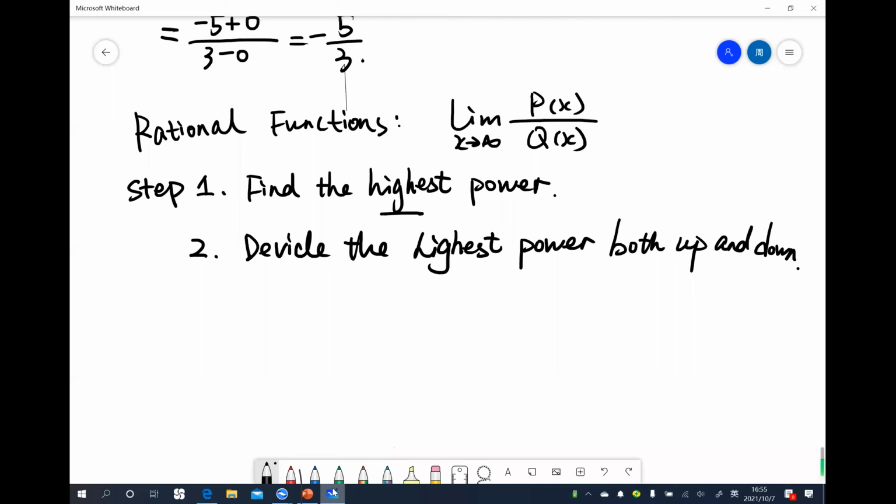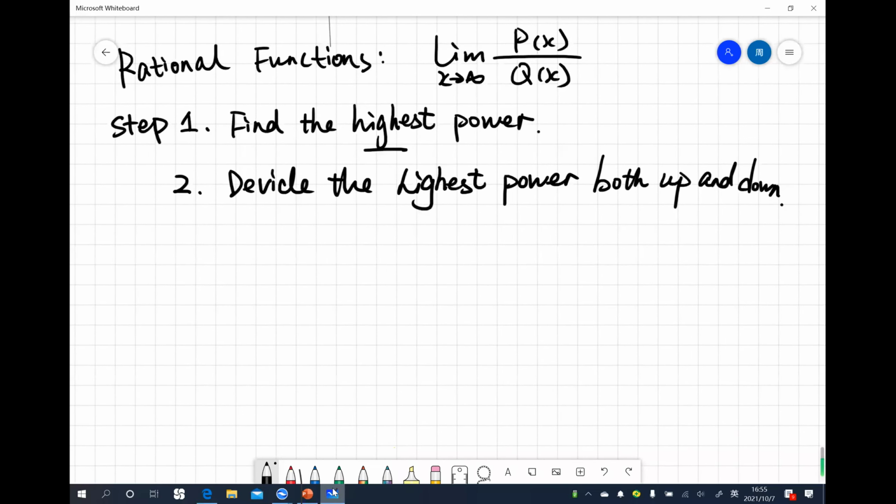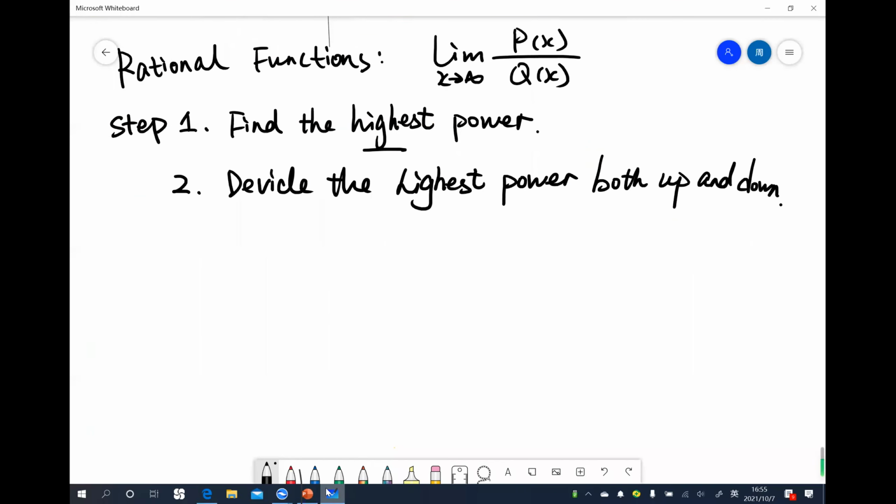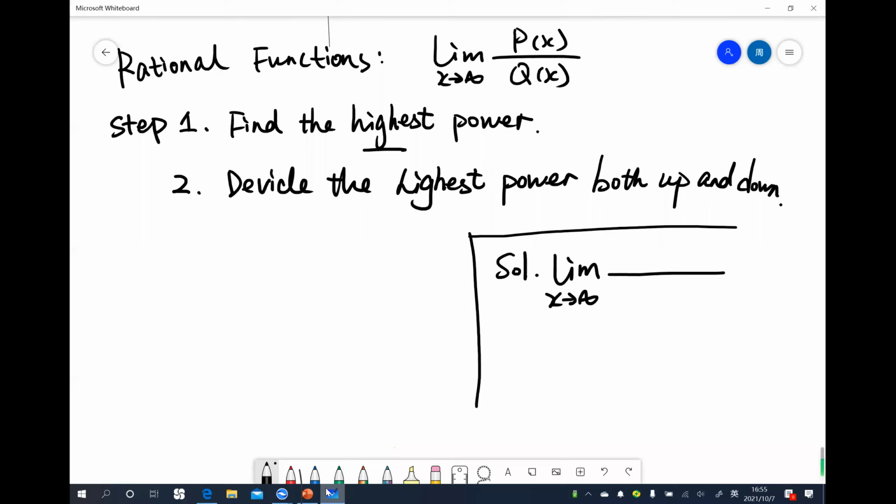For the question, I will write it here: 4x squared minus 3x plus 9 over 5x squared plus 2x minus 1.